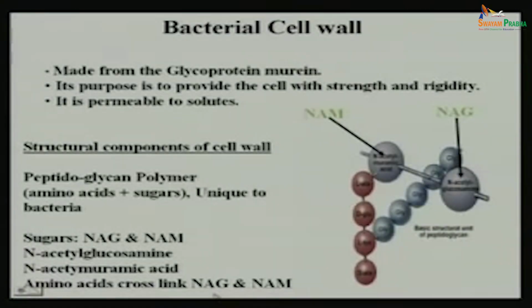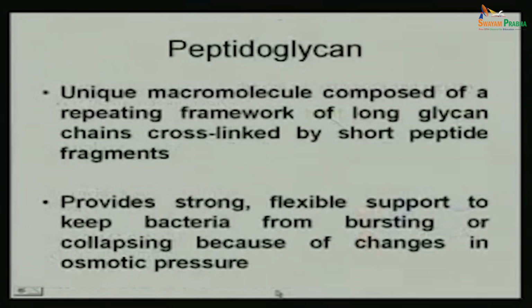For easy understanding, let us consider that it has this amino terminal and carboxyl terminal, and these amino acids are linked with this NAM and NAG. This is N-acetyl-glucosamine and N-acetyl-muramic acid.